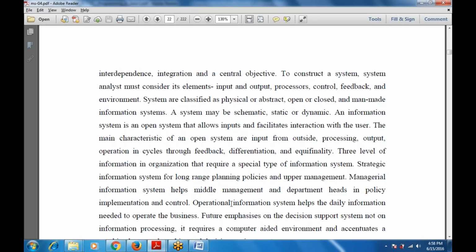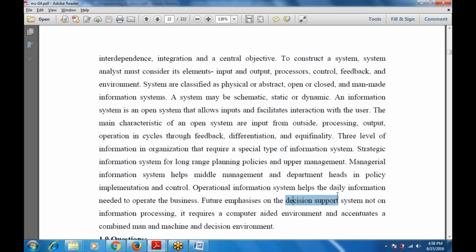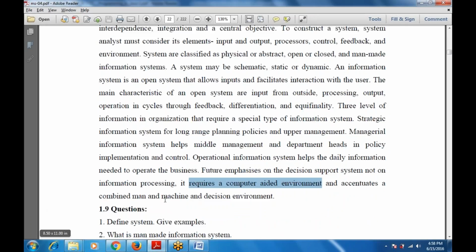Next is the operational level, which provides the daily information needed to operate the system. The managerial information for the middle level management is taken care of by the MIS, and the last, the low level management, the operational information system, is taken care of by the DPS. The future emphasis is on decision support systems, not on information processing. It requires a computer-aided environment, a combined man and machine decision environment.